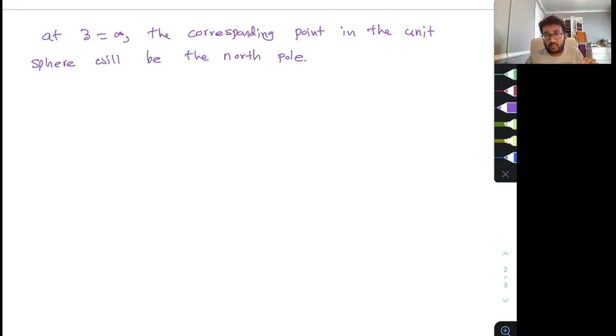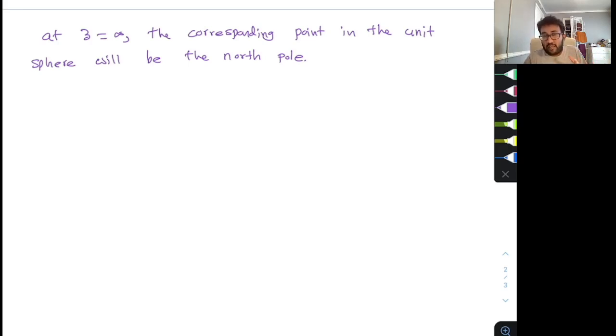If you take two points z1 and z2, there are two distinct corresponding points in the unit sphere. And if you take one complex number in your complex plane, there cannot be two points which correspond to that complex number in your unit sphere. There is only one corresponding point to one complex number, right?